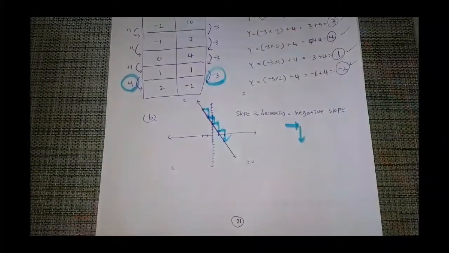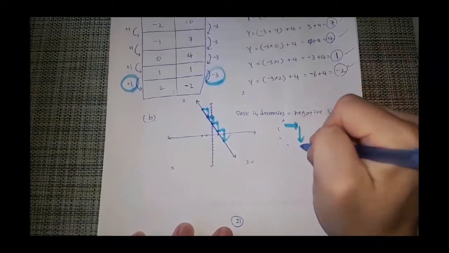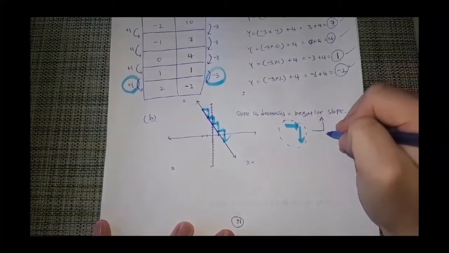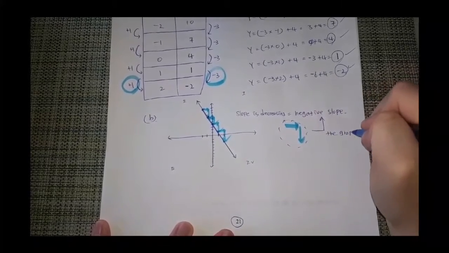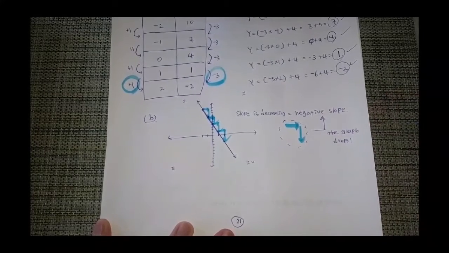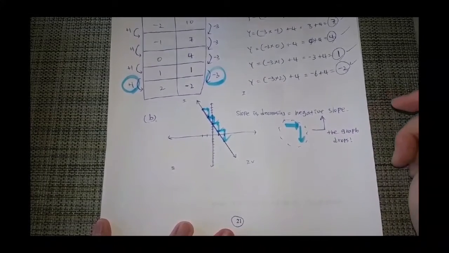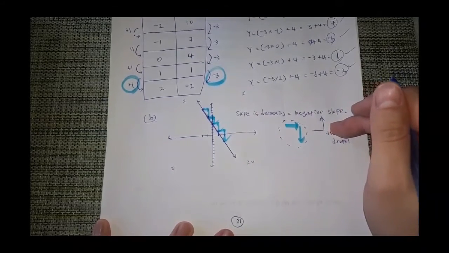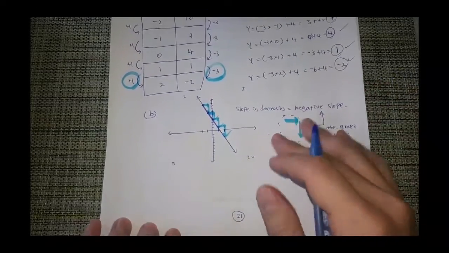Whenever you see this kind of pattern, ladies and gentlemen, we call it a negative slope because the graph drops, basically. Although the question doesn't ask you that much, this is an example that we're going to go through in the next class, so have that in your mind.